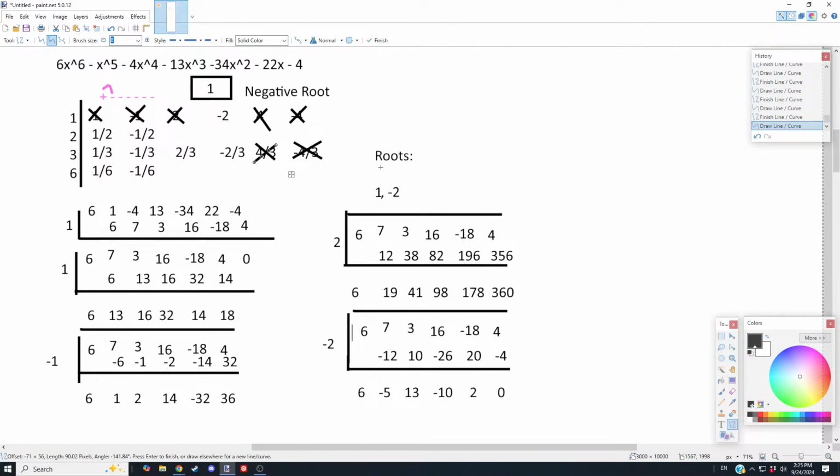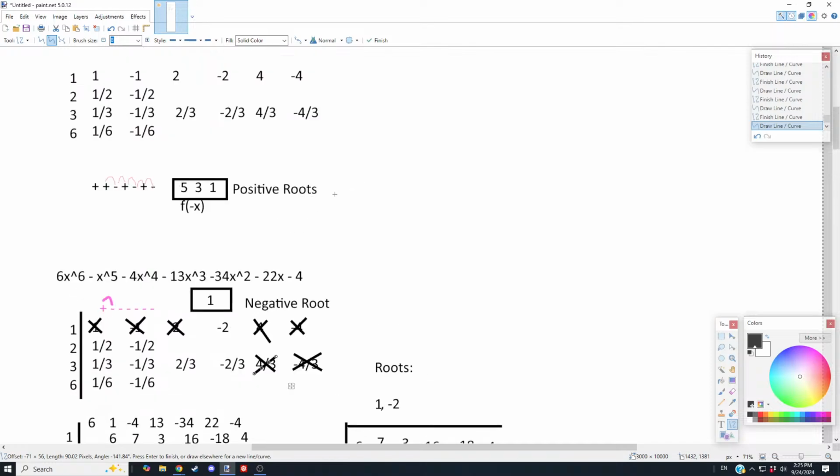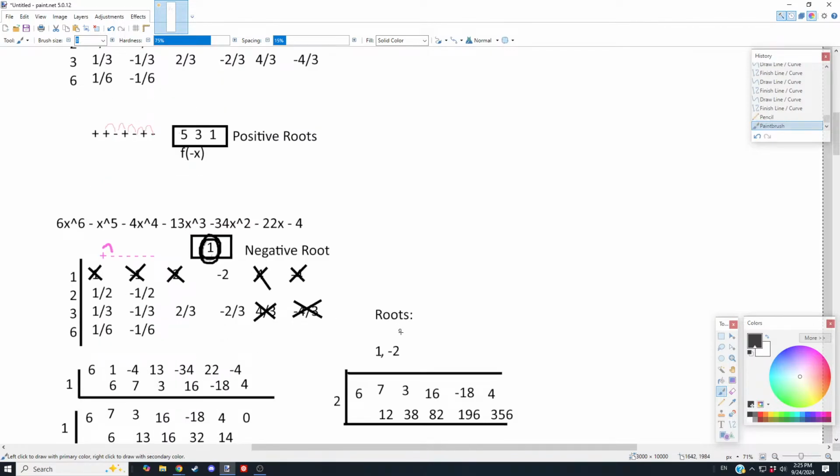Also, we know that there's only one negative root by Descartes' rule of signs. I'll use the pen here. We have one negative root, and we found it.